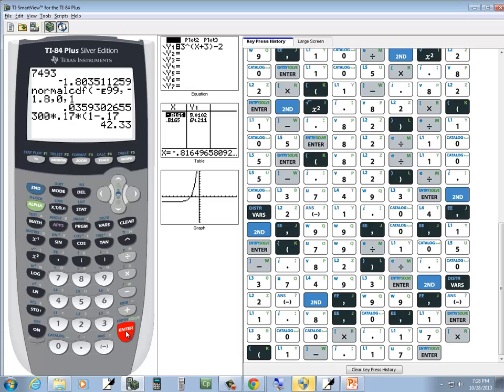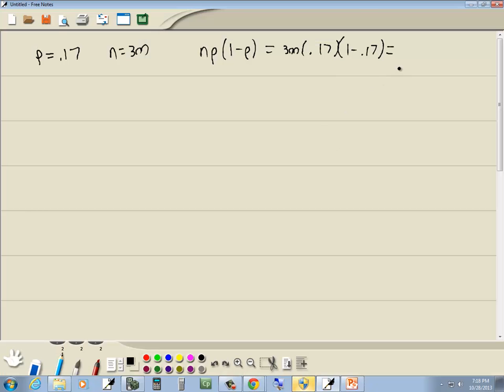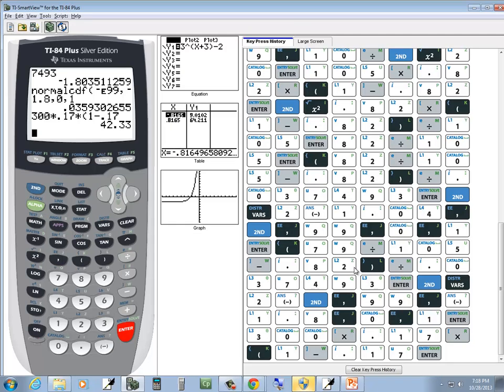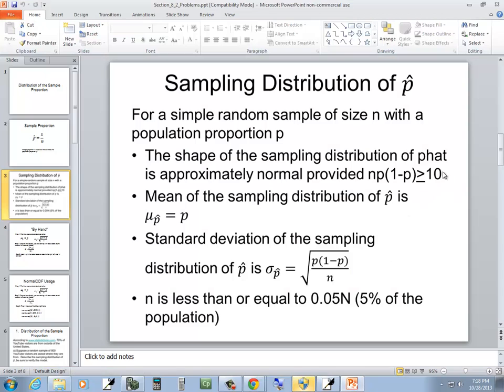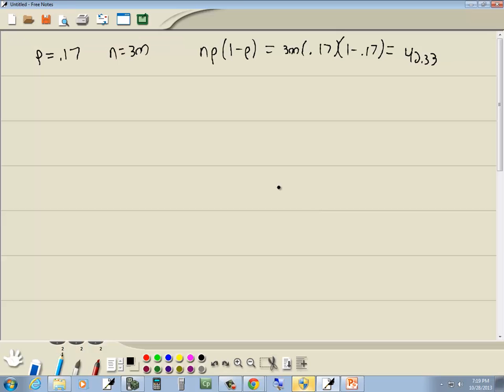Enter. 42.33. Definitely greater than 10, isn't it? Well, it's not equal, but it's greater than 10. So it's normal.